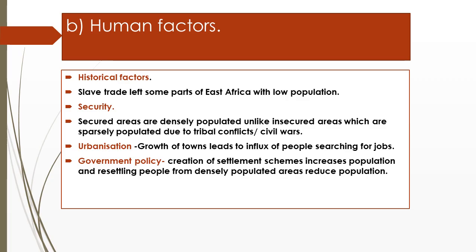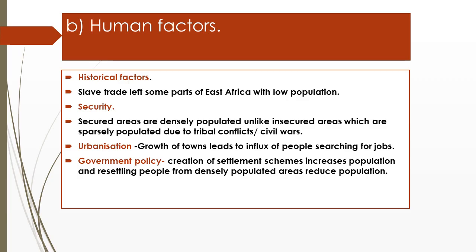And where they come from, there is a decline in population, especially in the rural areas. So that is how urbanization influences population distribution. That's why you will find that a town like Nairobi has 4 million people, and it's only a very small area within the country. So the population density in Nairobi is extremely high, of course, because of urbanization.